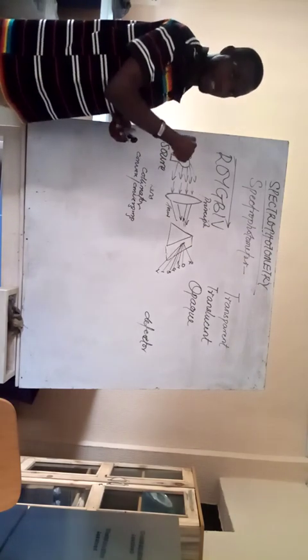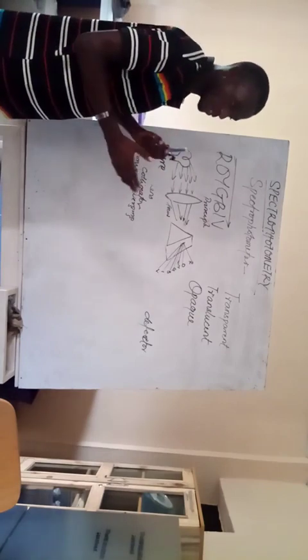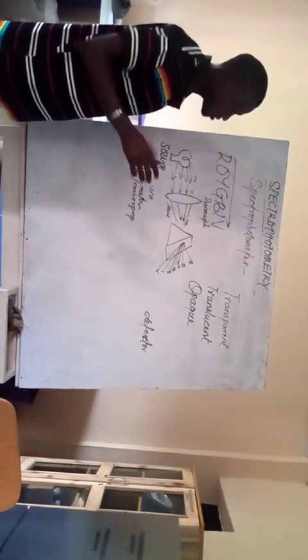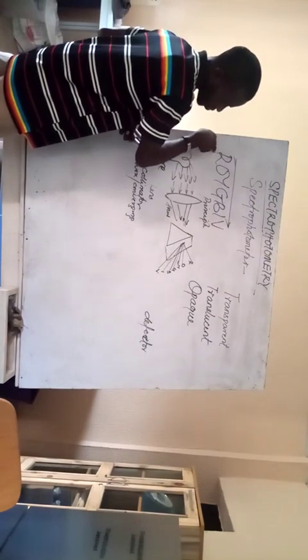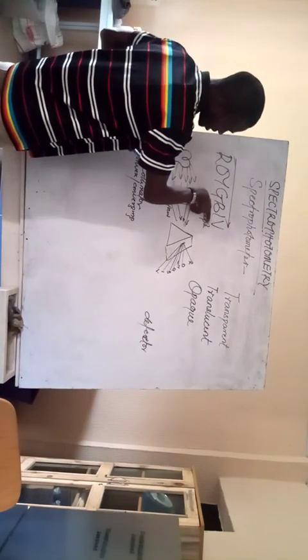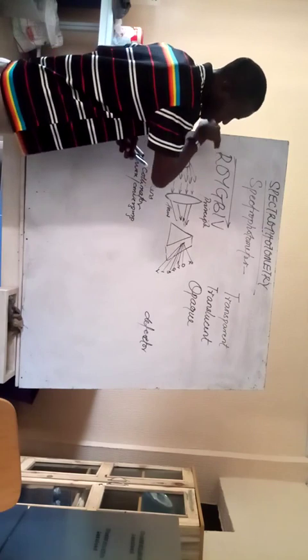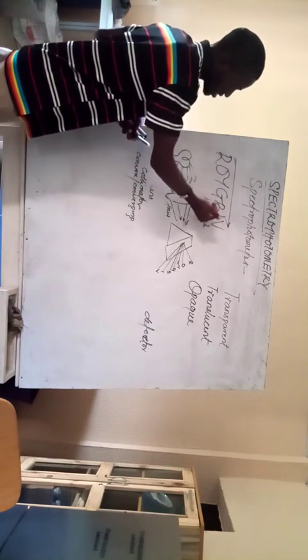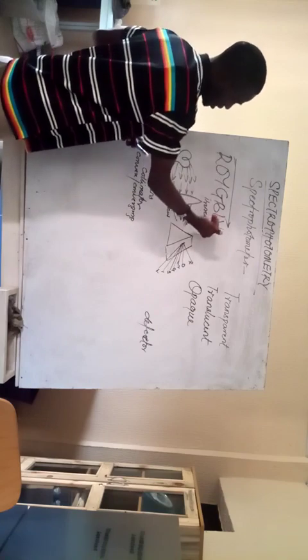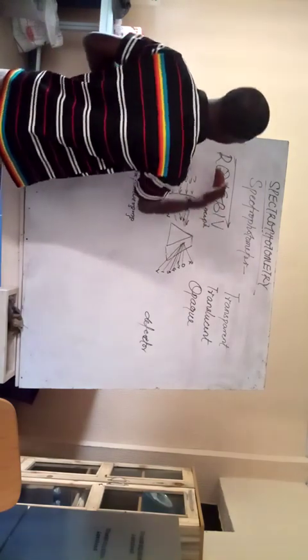You know that wavelength and frequency are inversely related. So the higher the frequency, the lower the wavelength, and the higher the wavelength, the lower the frequency. I hope you understand that.